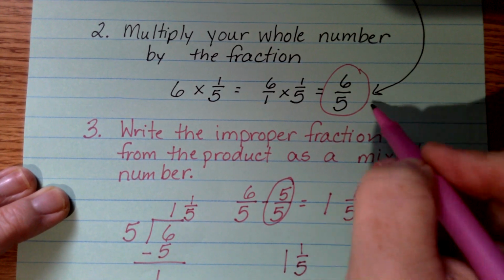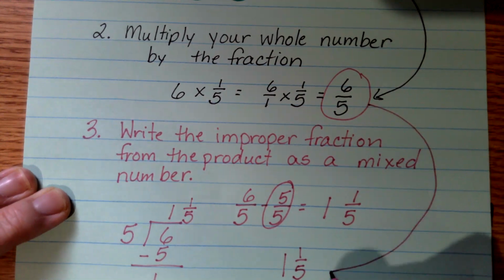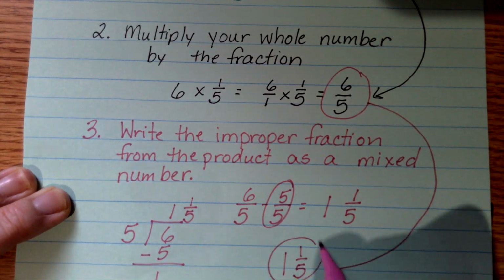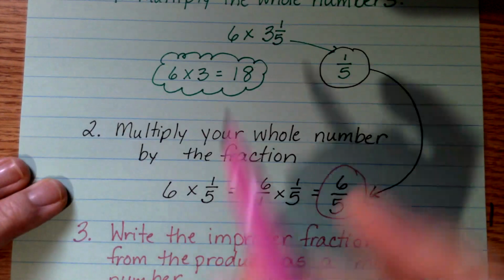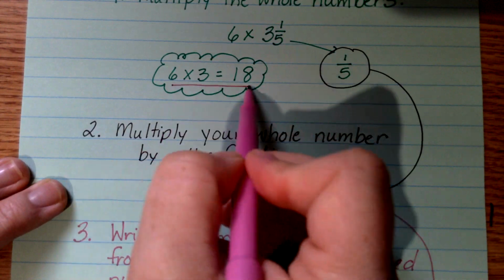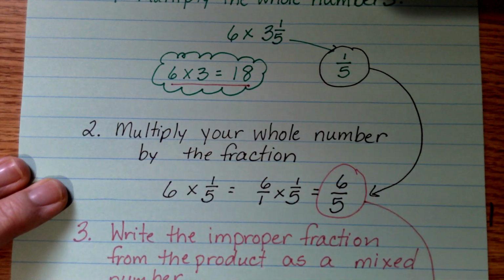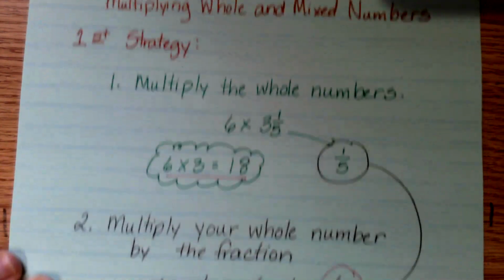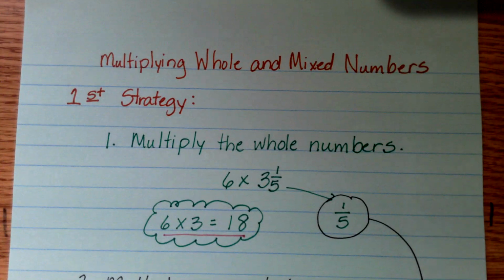So again, we've moved from here down to here, but we can't forget this little bubble right here. So I just want you to be aware, like that's still there. It's still a thing that we're using. All right, so step 4 is to add the mixed number to the whole number.